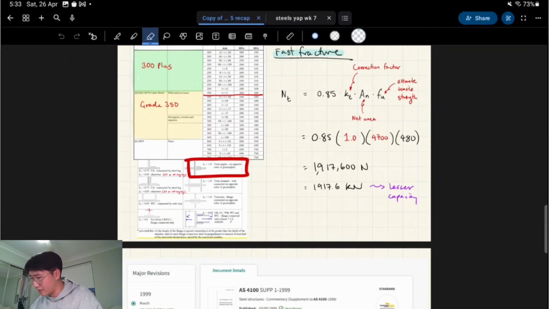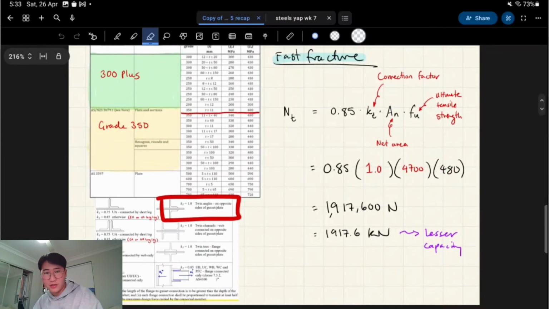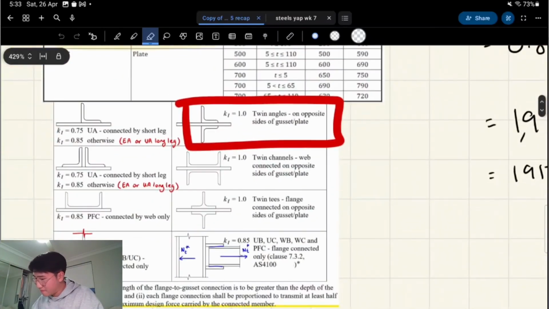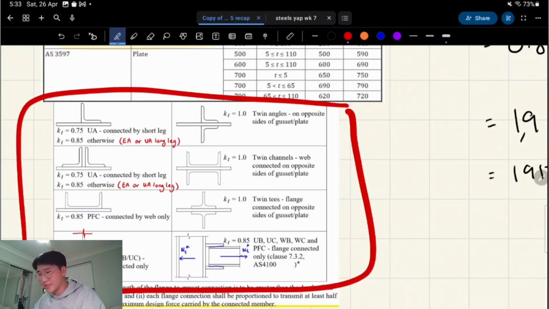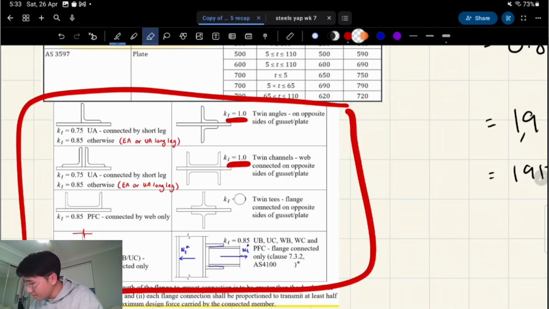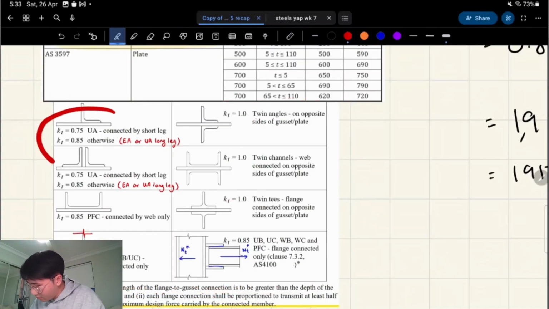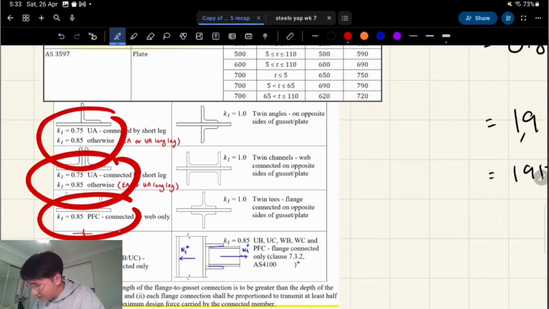So KT is the correction factor for fast fracture, and all you're really given in lectures is these scenarios, right? And you're told that KT is 1 when these situations that you can see, which have been highlighted, are true. Usually when it's symmetrical, right? KT is not 1 in most other scenarios which are listed here.